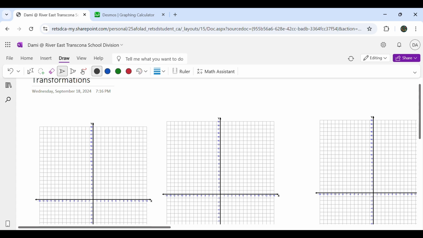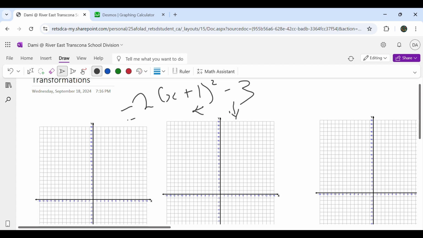Okay. Negative 2 times (x plus 1) squared minus 3. So it goes left by 1. Left by 1.